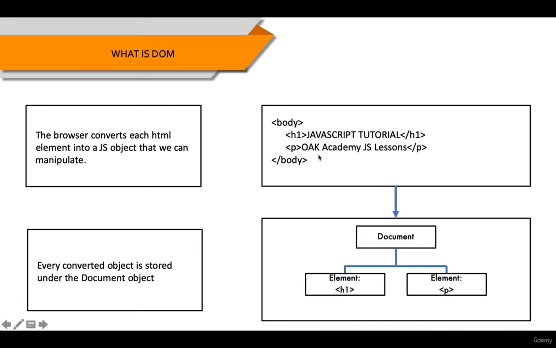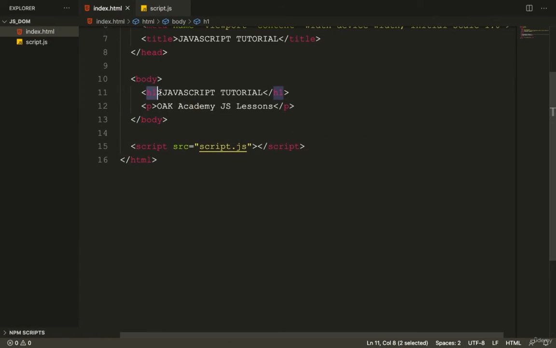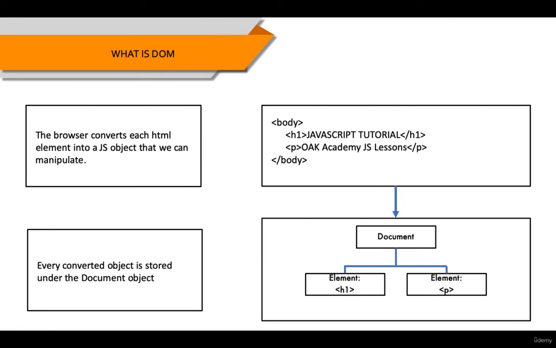If we look into our HTML code in our code editor here, we'll see an H tag and an A tag, and when we open this file in the browser, these tags turn into a JavaScript object. Imagine doing each one of those by hand. All right, so then we can manipulate these objects.